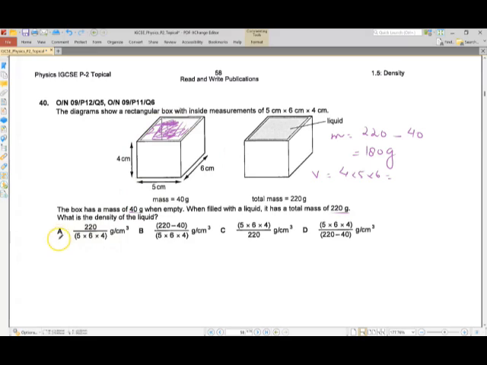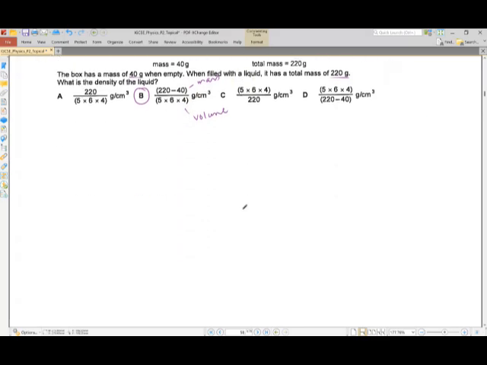So A, oh, 220 is not right, we already subtracted and got 180 grams. I didn't see the options before. The 220 minus 40 we did for getting the mass. So option B is going to be the correct answer. This gives you the mass and this gives you the volume. So dividing these two is going to give you the density.